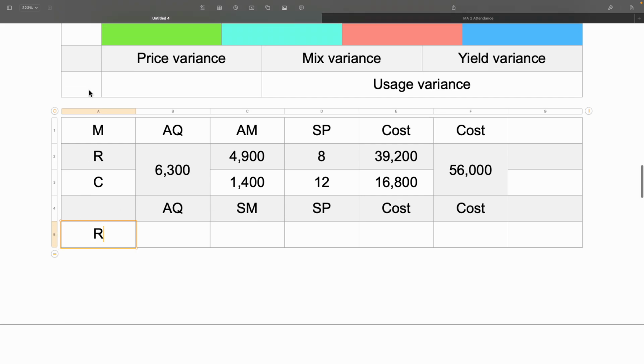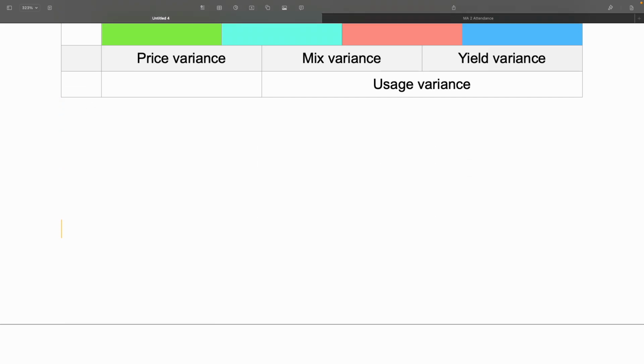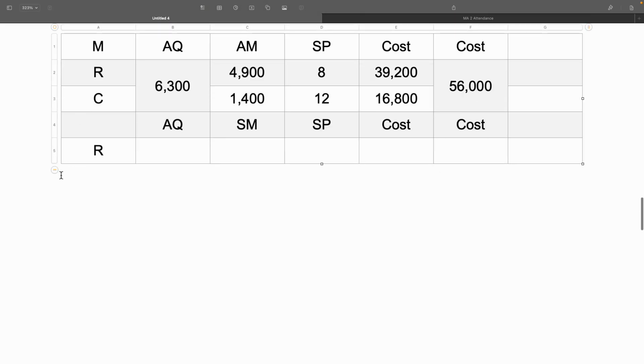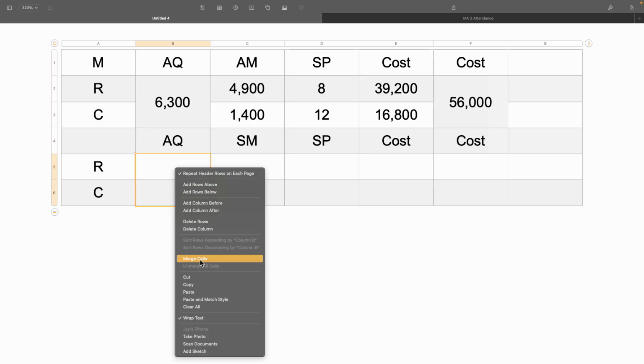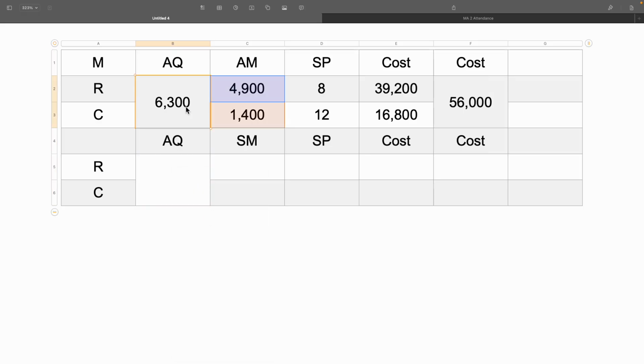R, and C. So this 6,300 is the same thing. This is going to be 6,300.